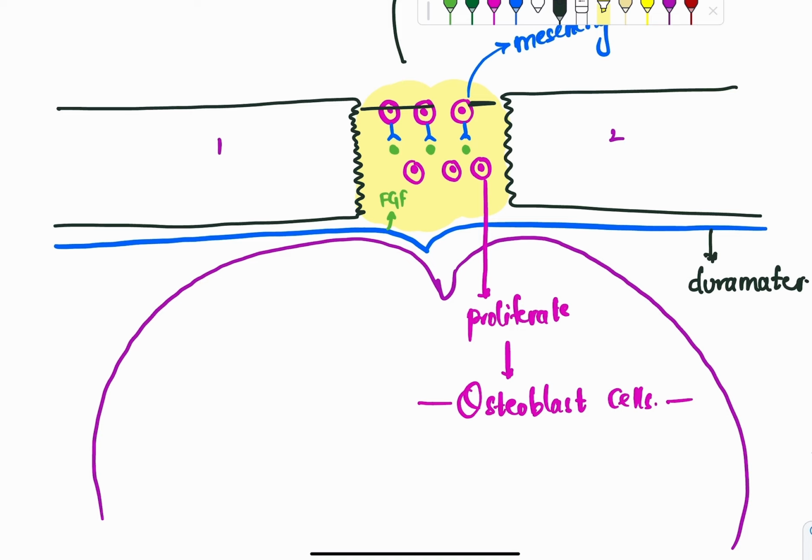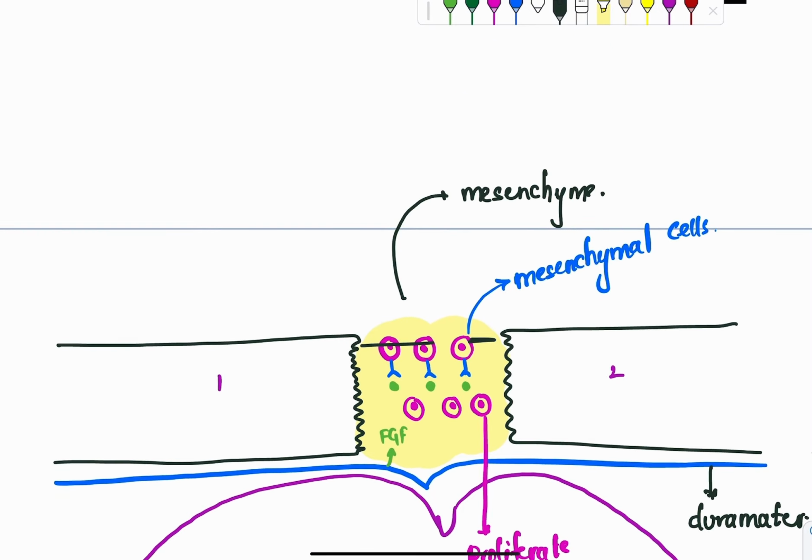The genes that encode fibroblast growth factor, for example, let us say there is a chromosome over here. This chromosome has some set of genes. Now if I am activating these genes, they start releasing fibroblast growth factor, right?